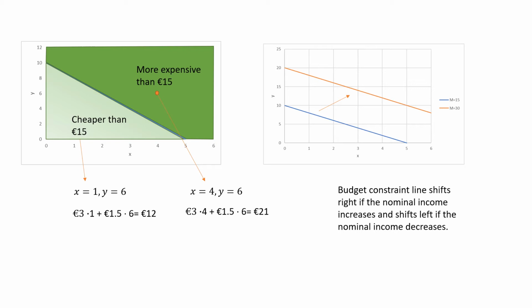When only the nominal income changes, the slope of the budget constraint line will not change. The reason is that the slope of the budget constraint line will be the ratio of the price of the two goods. So a change in nominal income will not affect the price ratio. As a result, the slope of the budget constraint line cannot change.